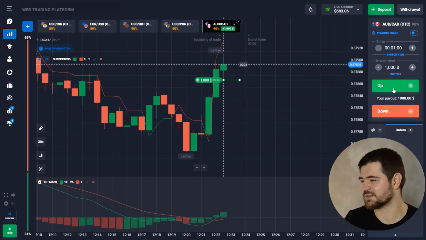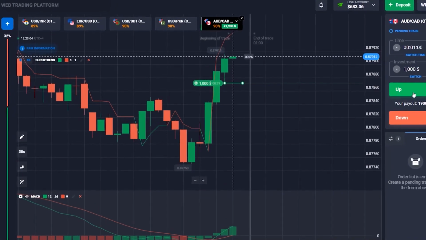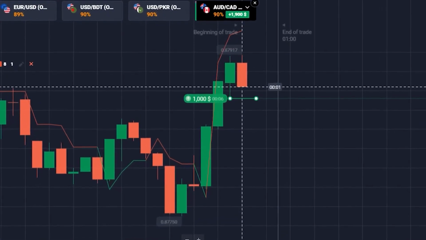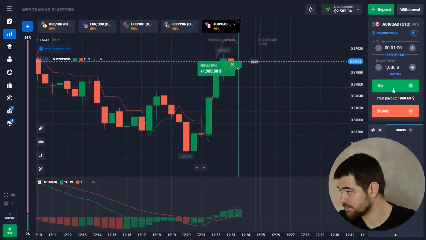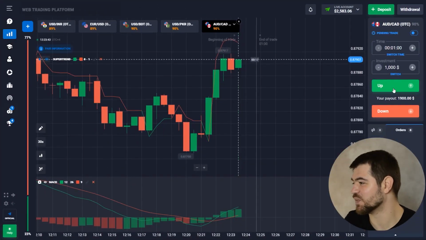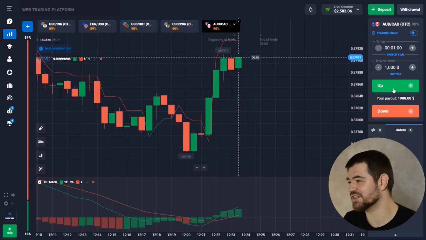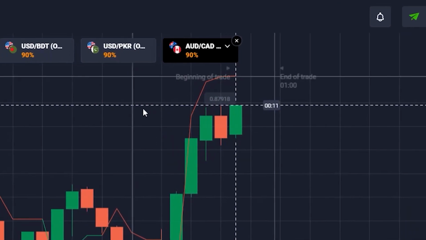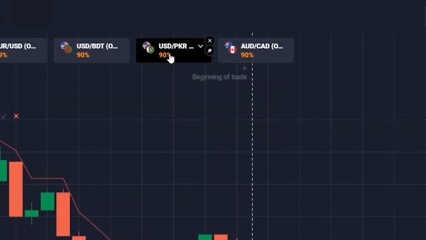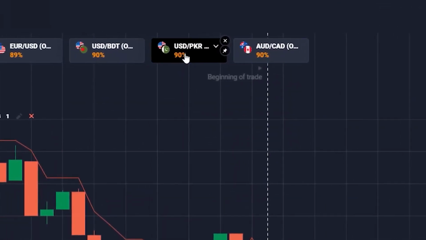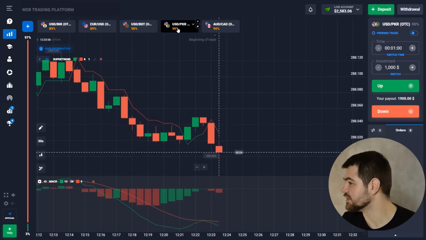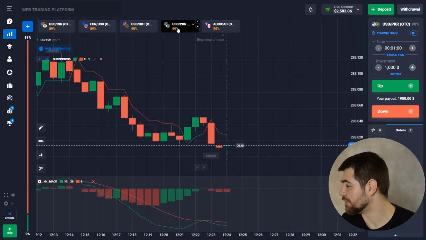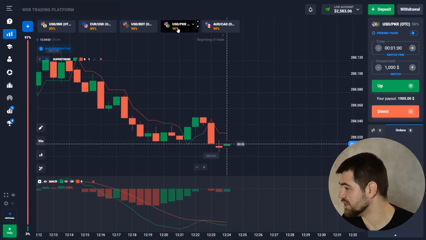But I'm positive it looks good. Here is the profit of this one, and it's $900 because it's a 90% payout. So this was our profit, and it's pretty good. I'm happy about it. We're gonna continue.